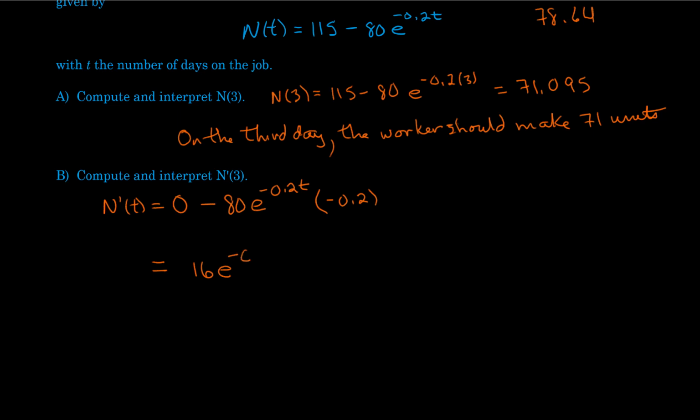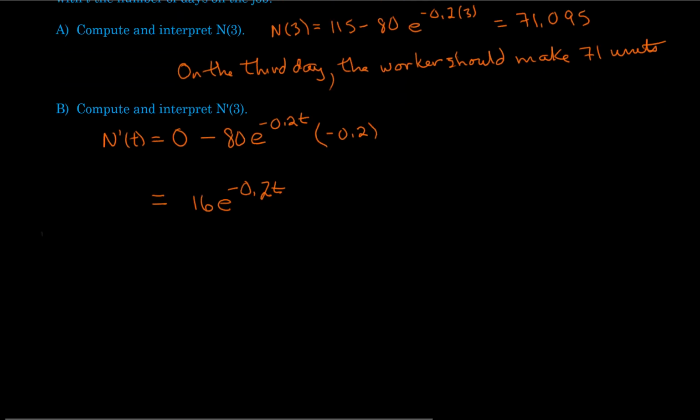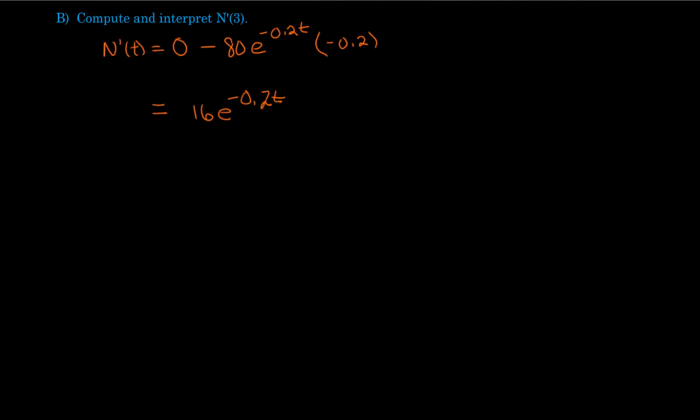If we take that, we should get 16, and it'll be positive, times e to the negative 0.2t. What we're asked to actually compute here is the derivative at 3. So this is going to be 16 e to the negative 0.2 times 3.